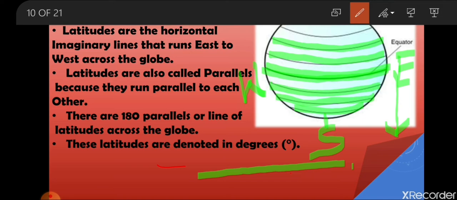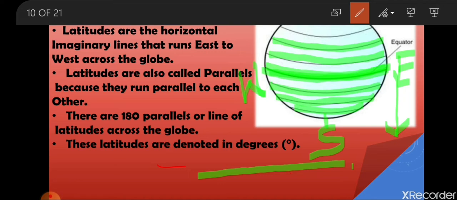Whenever someone asks you what is a line of latitude, you have to remember these words: imaginary and horizontal. The imaginary horizontal line that runs from east to west across the globe is called a line of latitude. Lines of latitude are also called parallels because they are parallel to each other.